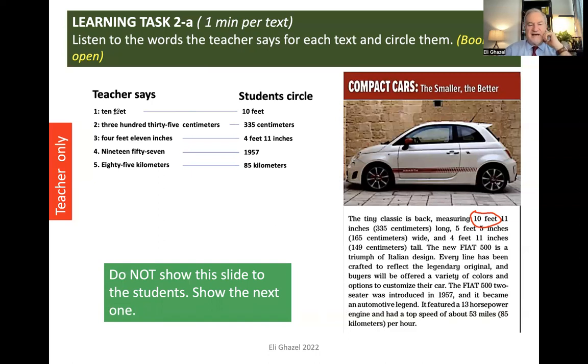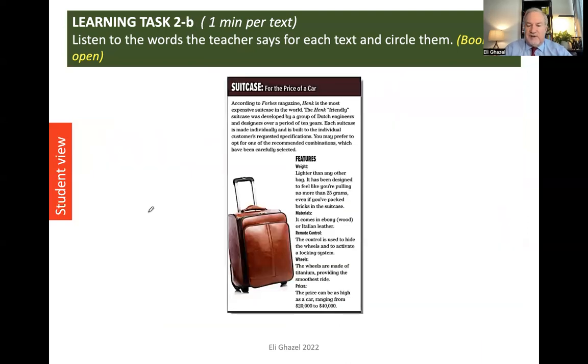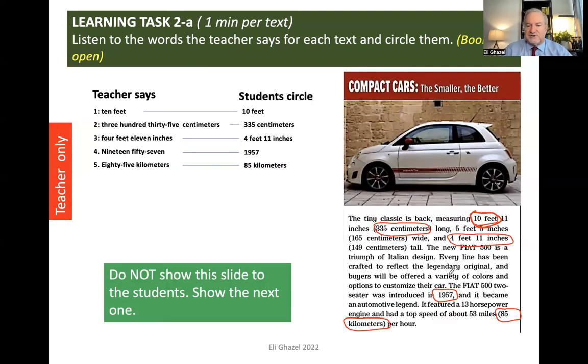So after you say 335 centimeters and the students circle that, 4 feet 11 inches, the students circle that. 1957, the students circle that. 85 kilometers, the students circle that. So when you finish, we can show the students this one so that they can check if their answers are right.